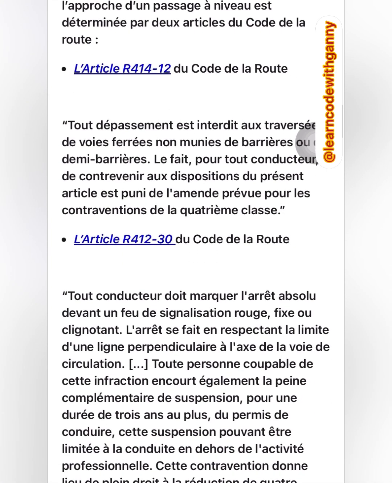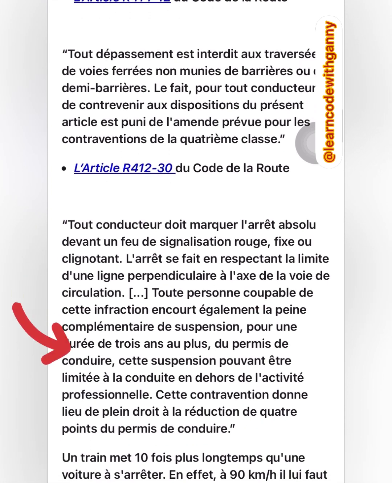The second law, Article R412-13 of the Highway Code, says every driver must make an absolute stop in front of the red, fixed or flashing light. The stop is made by respecting the limit of the lane perpendicular to the axis of the traffic lane.